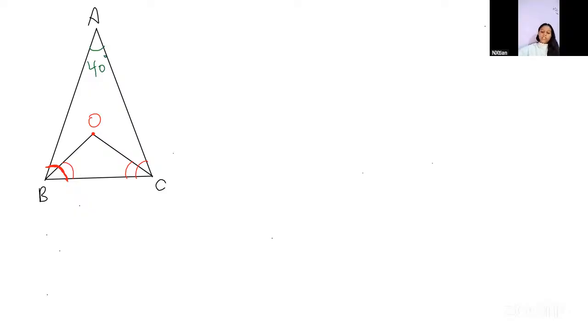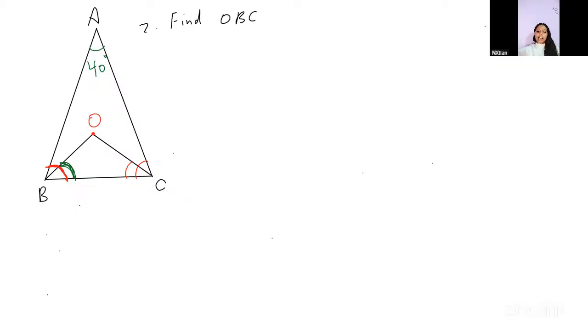Part 2 says find OBC. Now for that, OBC is what? This angle. Inside the smaller triangle, angle B is OBC.